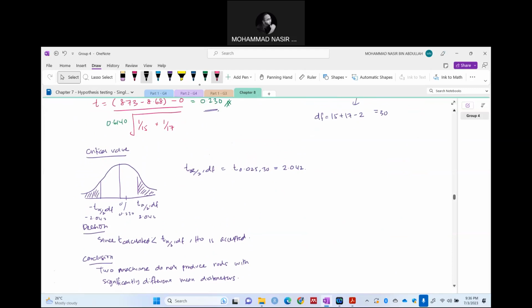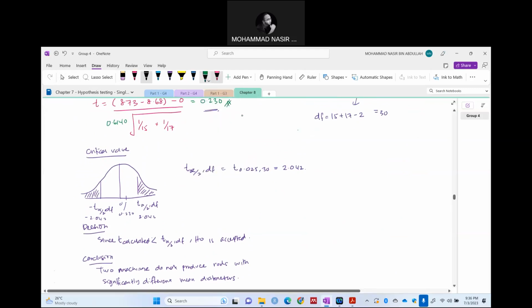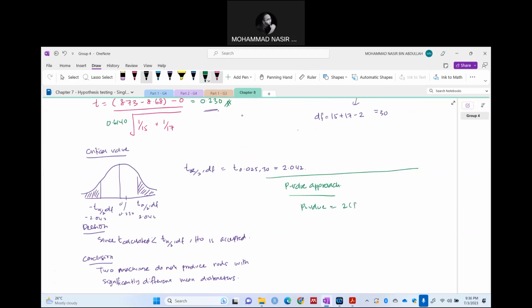Okay. So if you are using p-value approach, since the question asks you to use p-value approach, p-value for two-tailed test should be equal to 2 multiplied with probability of t more than t calculated, right?